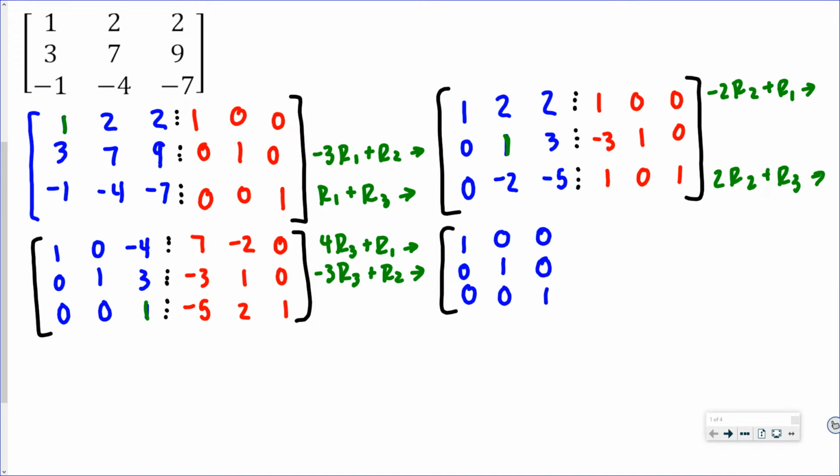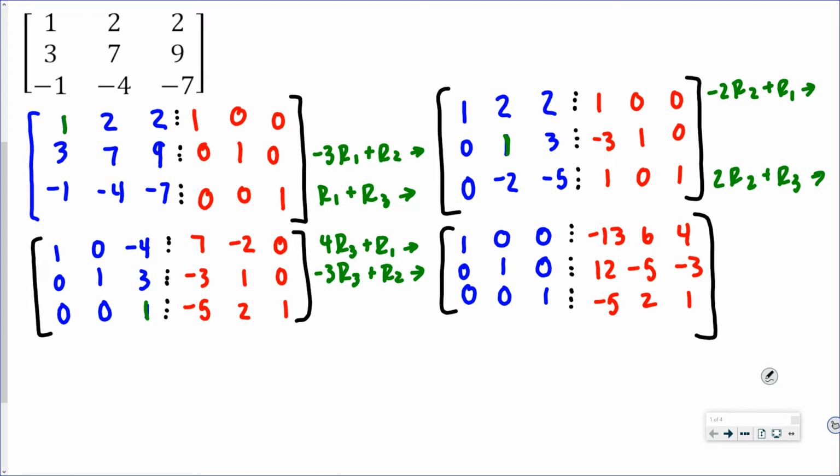That did give me the identity matrix on the left-hand side. And then what I got over here, what's this, 3x3? And this over here is your inverse.